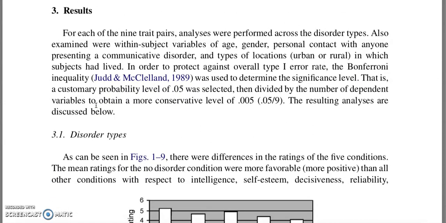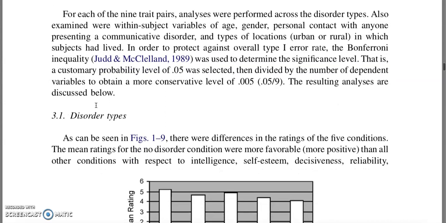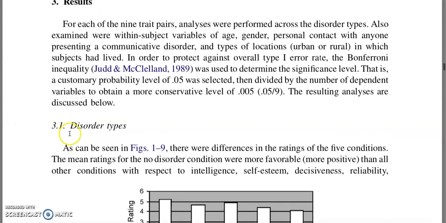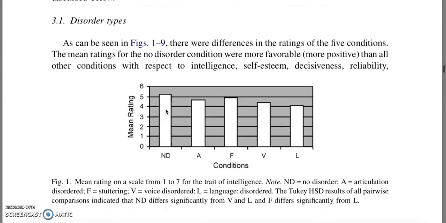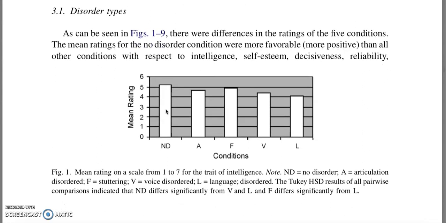So the results tell me the data of exactly what we're getting. So for here, we have for each of the trait pairs, analyses were performed across the disorder types. This is then further broken down. So we have our ratings for each disorder type in graph form, and there's some descriptions here.